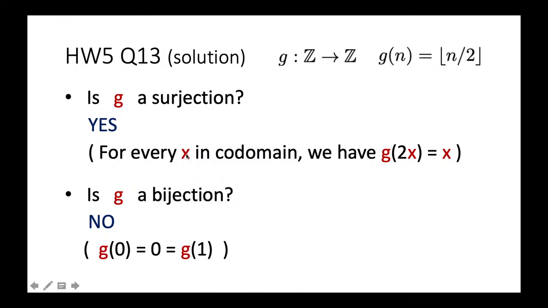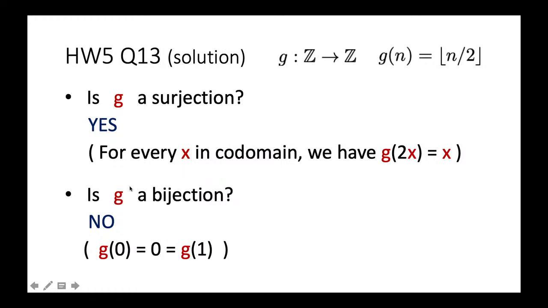For every integer x, we must have 2x is an integer. So 2x appears in the domain, and then g of 2x turns out to be equal to x. So there must always be some item from the domain which, after mapping by g, we get it to be equal to x. So g of 2x is equal to x gives us evidence that the function g is a surjection.